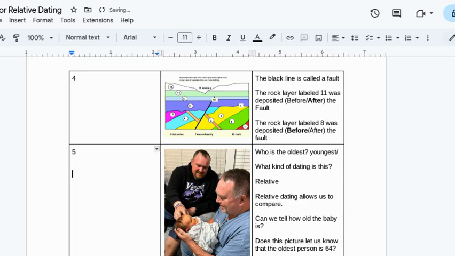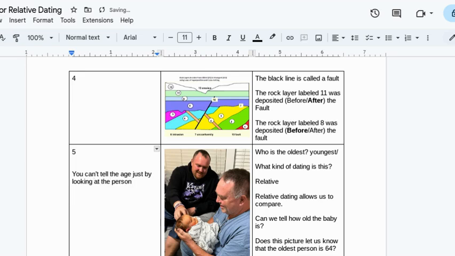Just by looking at this picture, do you know how old the baby is? No, you don't. You don't know that Remy, at the time this picture was taken, was 4 days old. You can't tell the age just by looking at the person.